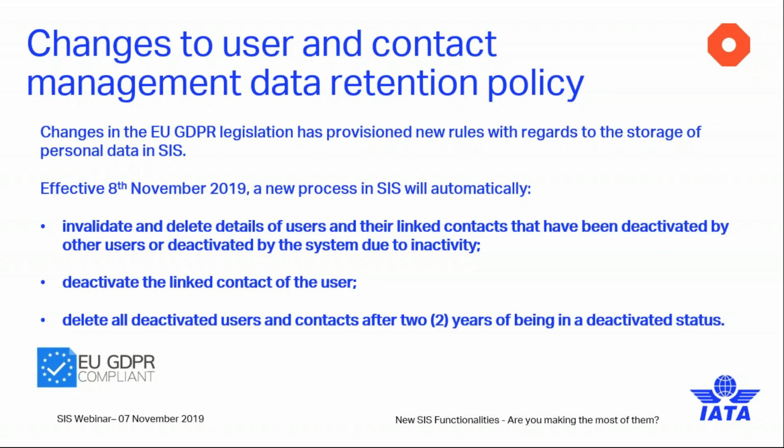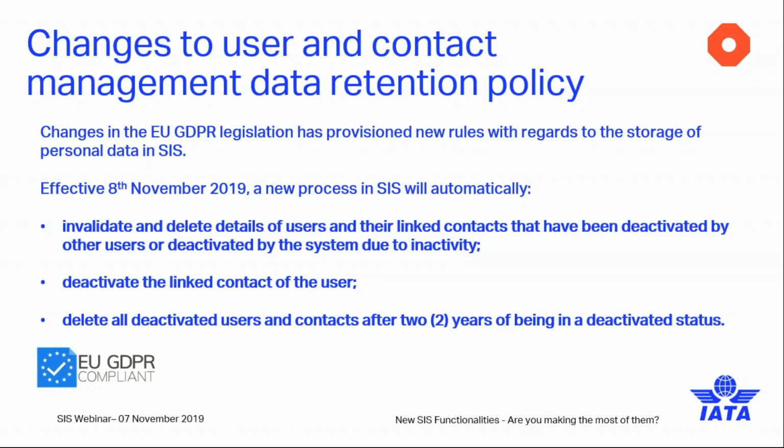Effective 8th of November 2019, which is tomorrow, after the deployment, a new process in SIS will automatically: 1, invalidate and delete the details of users and their linked contacts that have been deactivated by other users or by the system due to inactivity; 2, deactivate the linked contact user; and 3, finally, delete all deactivated users and contacts after 2 years of being in a deactivated status.